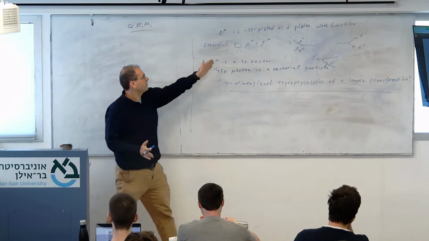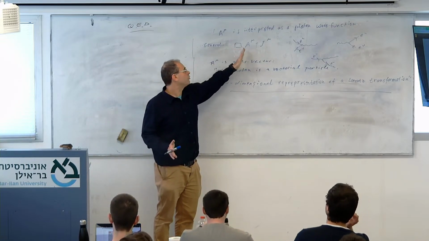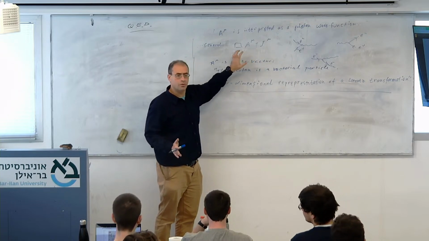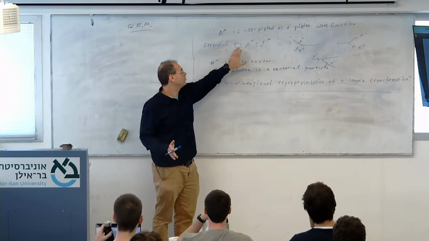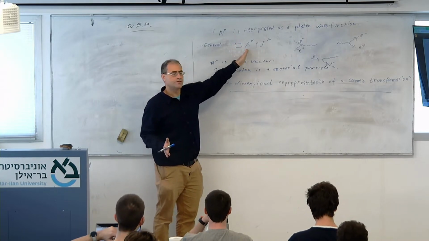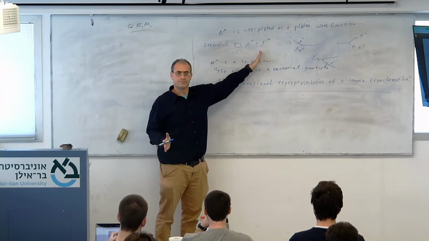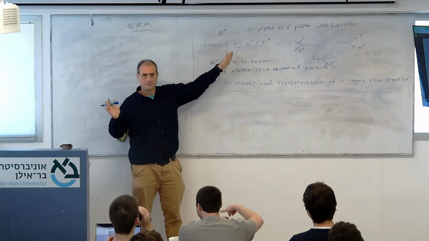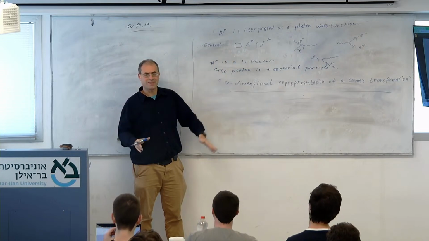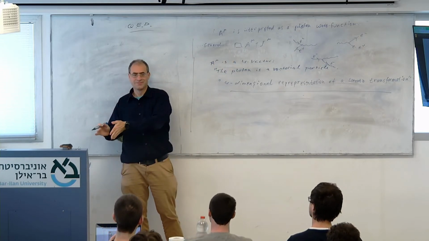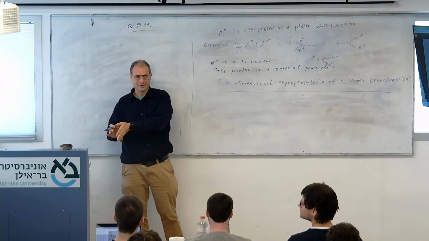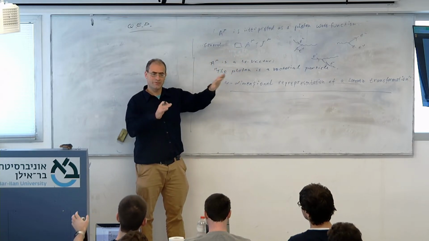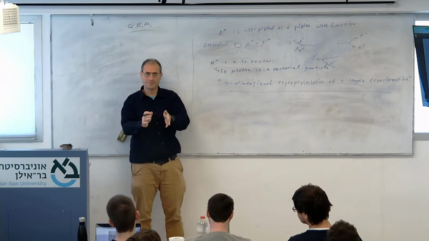So the photon now is a 4 vector, A mu, which obeys this equation. And now this equation is interpreted in a quantum mechanical sense. This is an operator that operates on a 4 vector and turns it into another 4 vector. I assume you all know what an operator is. An operator takes one function and turns it into another function. It's also linear in this case. What is a function?